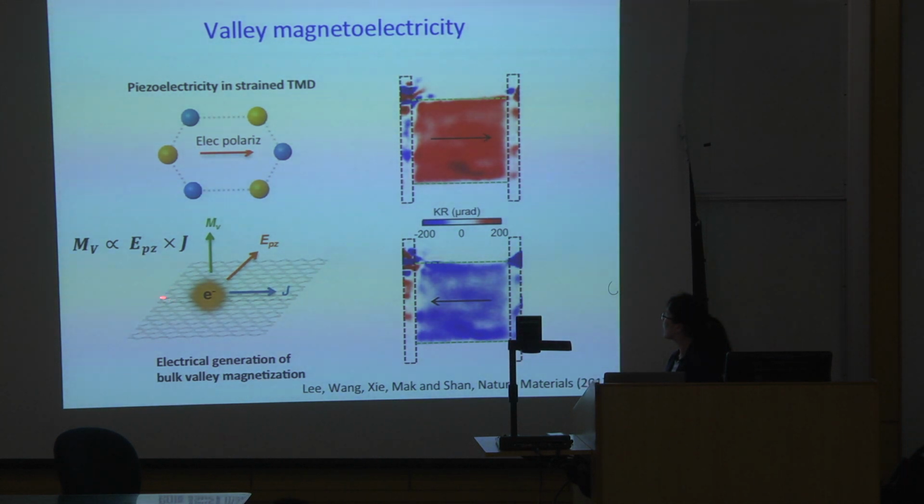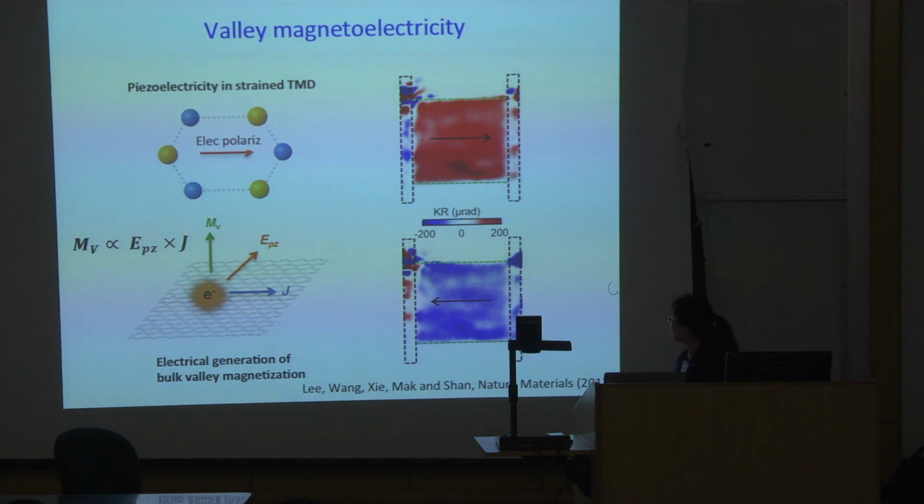We think the strain sort of creates this polarization or electric field. And once you run current, you generate some kind of effective magnetic field, which pings the orbital magnetic moment this way or the other way, determined by this relationship.